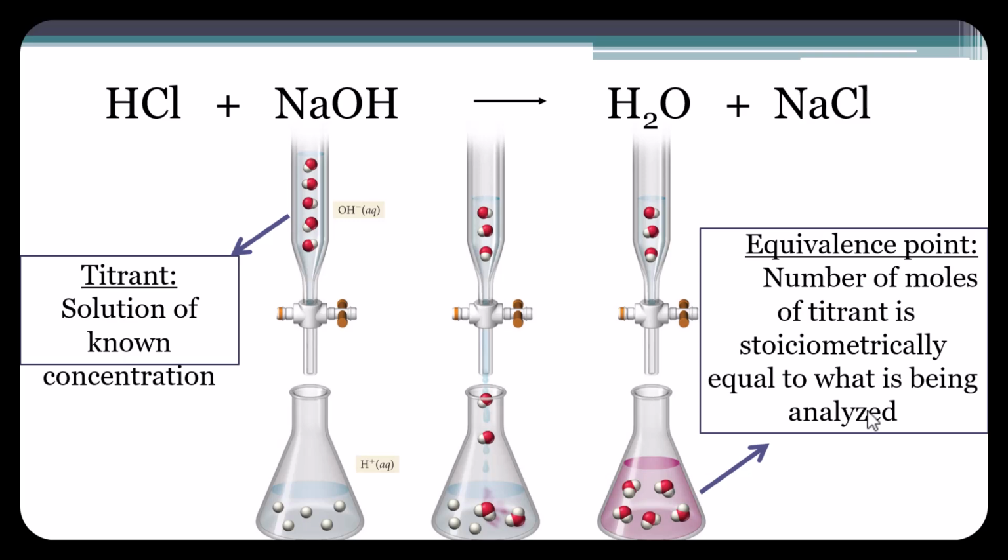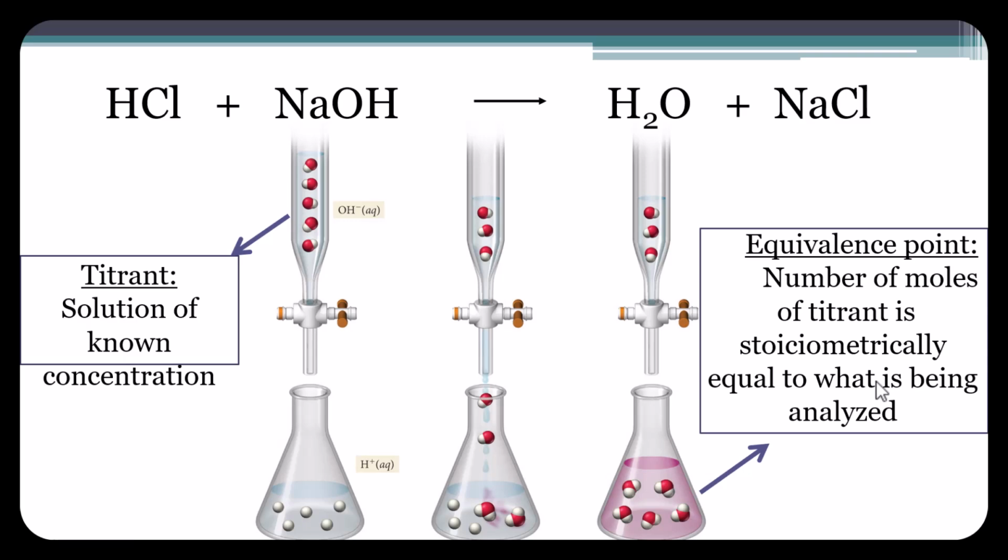All it means is that we are at the moment where that mole to mole ratio, the coefficients, we're at that moment where those two are equal to one another. So in other words, we're at the moment where I can use stoichiometry to get from moles of my known to moles of my unknown. So that's the equivalence point or the end point.